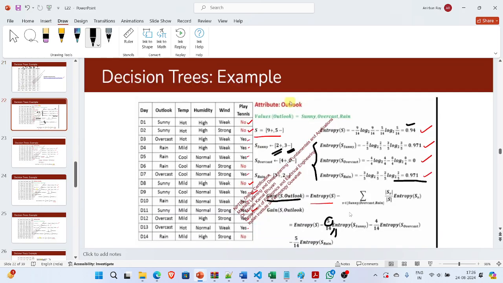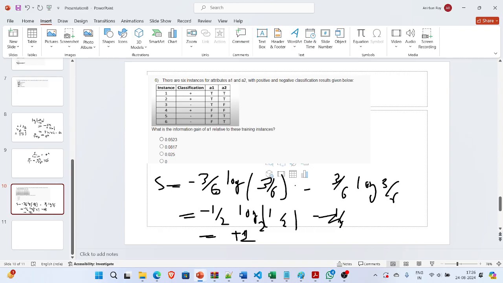So first we take the one parameter, that is outlook, and we find entropy with respect to each of these. Only a1 is required, so a2 we can ignore.